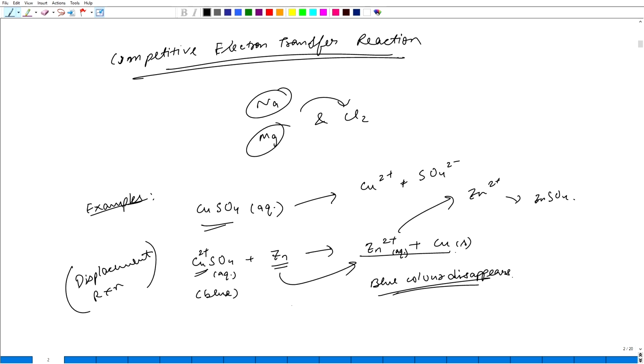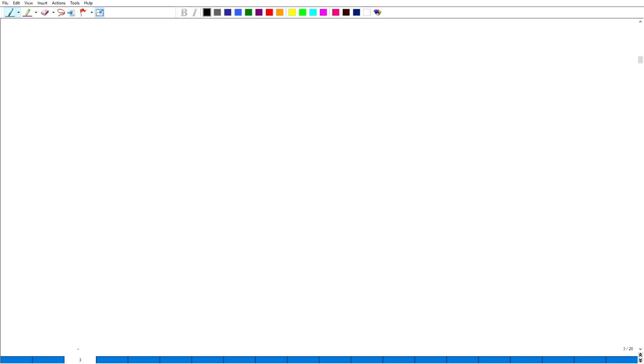See, zinc is getting oxidized and copper 2 plus is getting reduced. So, this is the reaction. If I just want to show the reaction by the ions only, I am not showing the anionic part here. So, the complete reaction is this.